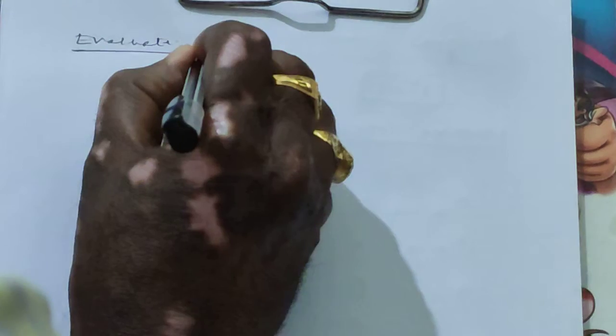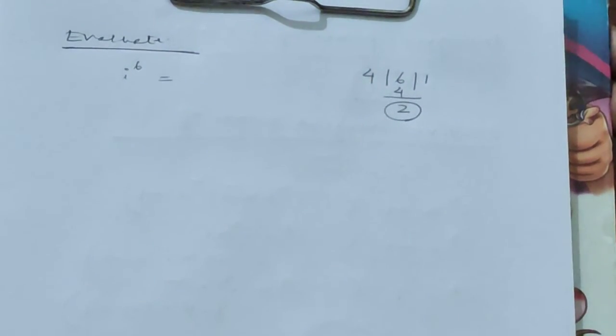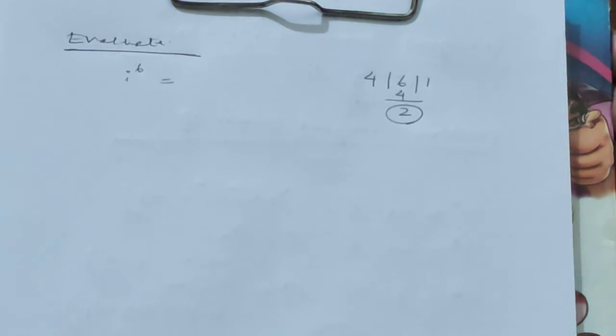So evaluate i to the power 6. At first you divide 6 by 4. You are getting remainder 2.